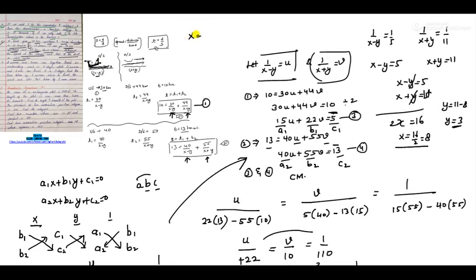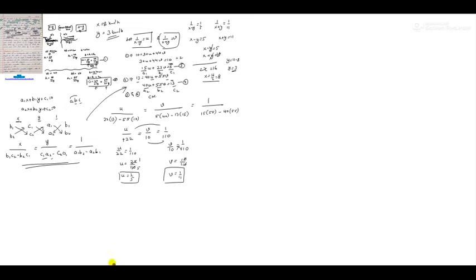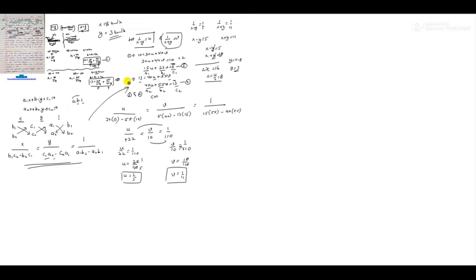So the speed of the boat is 8 km per hour and the speed of the stream, that is water, is 3 km per hour. I hope it's clear. It's a little lengthier, but it's important. They may give these values as smaller values.